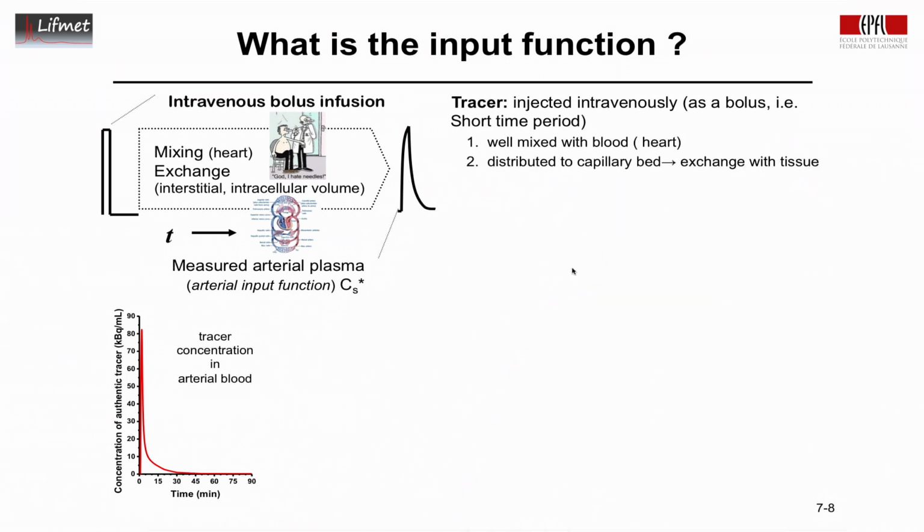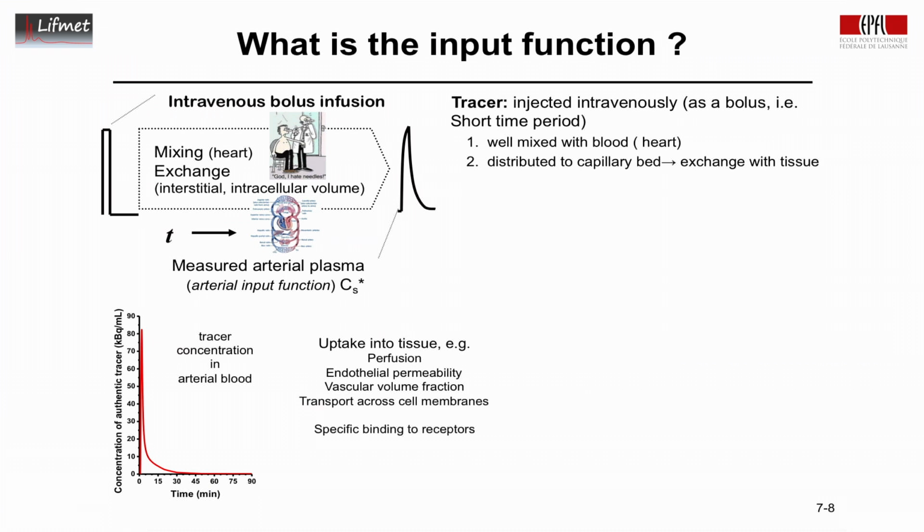What then happens as the second step is that the tracer is distributed to the capillary bed and then undergoes exchange with the tissue. The uptake into the tissue involves perfusion, it involves permeability of the endothelium, it involves the blood volume as a factor, it involves transport across cell membranes, possibly specific binding to receptors, or non-specific binding, or enzyme activity.